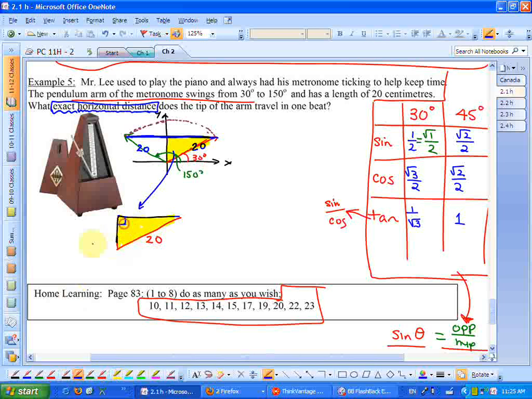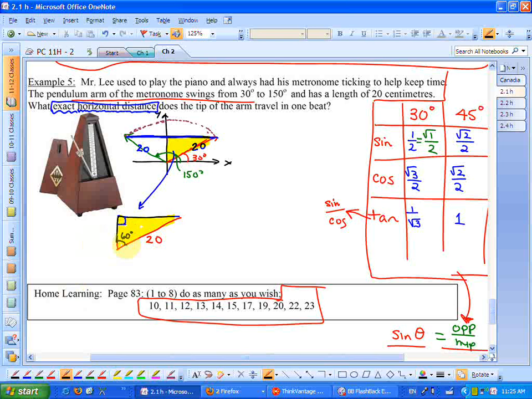Can you figure out one of the angles for me in this case? Is there an angle here that you know? 60. This one here, 60. Good. Can everybody see why that one is 60 down here? Because the angle that's complementary to it, right next door to it, is 30. 90 minus 30 is 60.